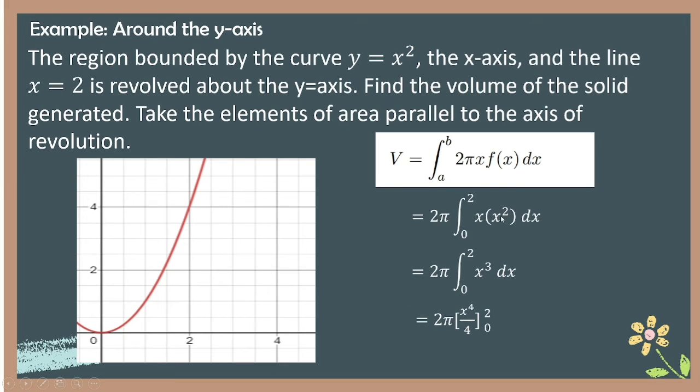And our height, or f of x, is equal to the function. So we have 2 pi integral from 0 to 2 of x times x squared dx. So we have x cubed, and then integrating, we have 2 pi times x to the fourth over 4 evaluated from 0 to 2. So we have the final answer, 8 pi.